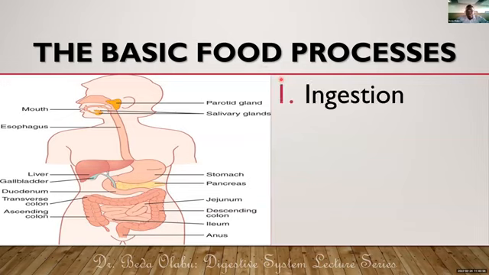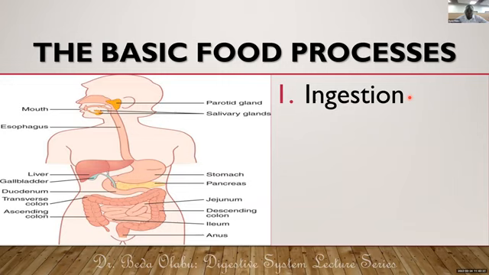The first process that food undergoes is the ingestion process. And what is the ingestion process? The ingestion process is the uptake of food from wherever it is, maybe it's on your plate, all the way to the stomach. That's the process of ingestion.